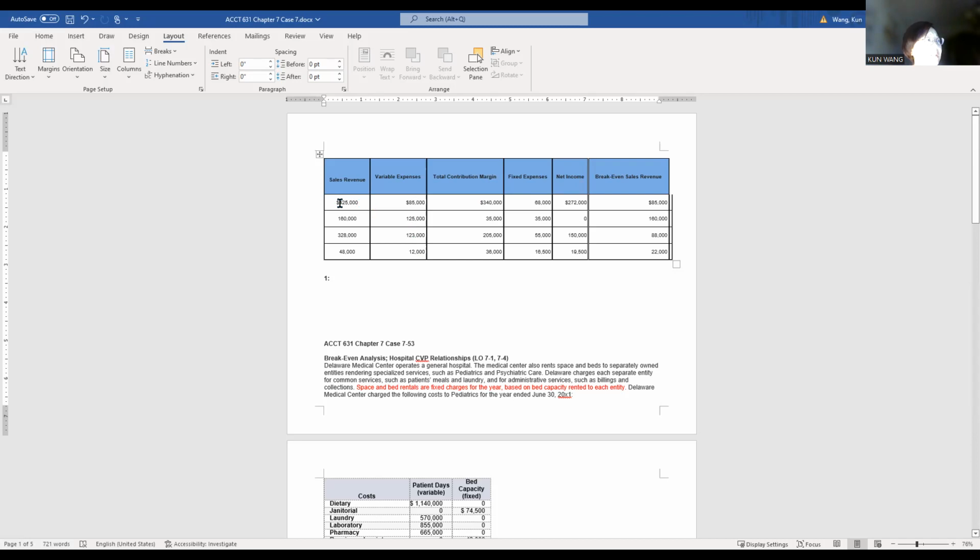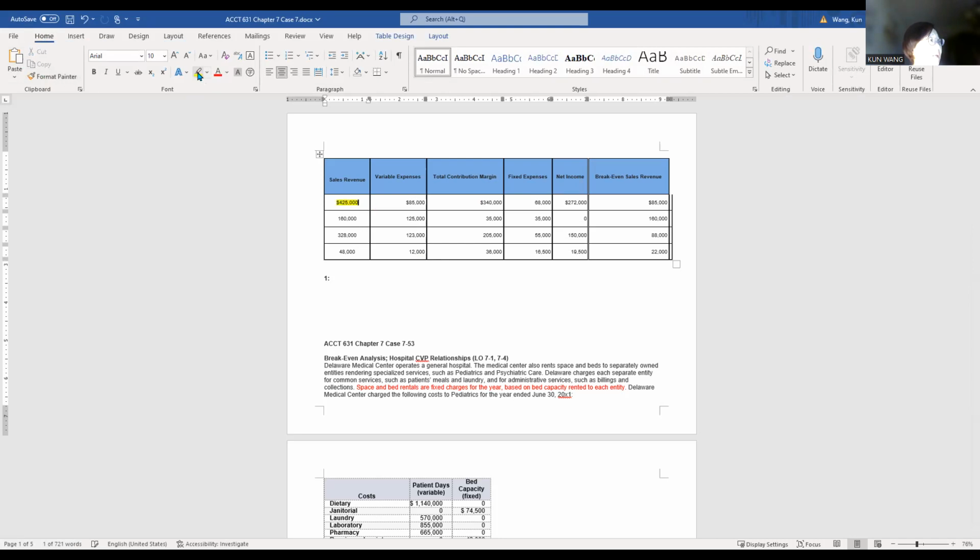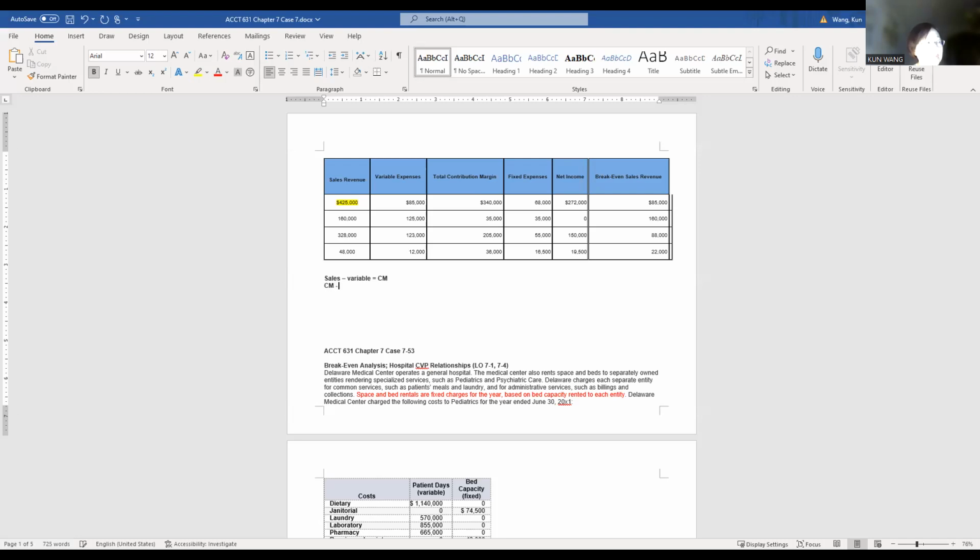This one I believe is the total sales revenue. But we can work backwards. Net income plus fixed expense; the vertical way is always like this: sales minus the variable expense equals the contribution margin, then contribution margin minus the fixed expense equals the net income.